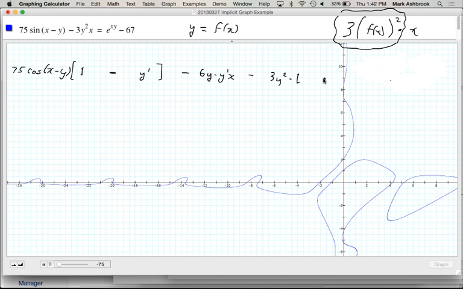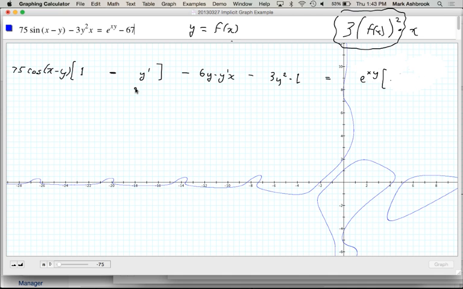Okay, equals. Now we've got the right-hand side. What do we have? Derivative of e to the something. E to the something, but then times the derivative of the interior. And what's the interior? A product.